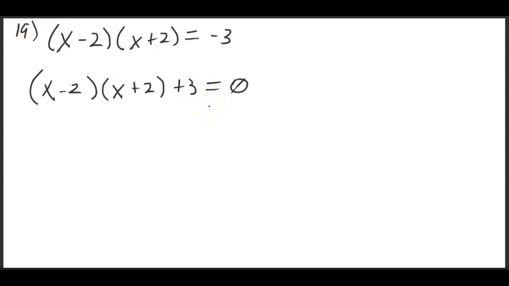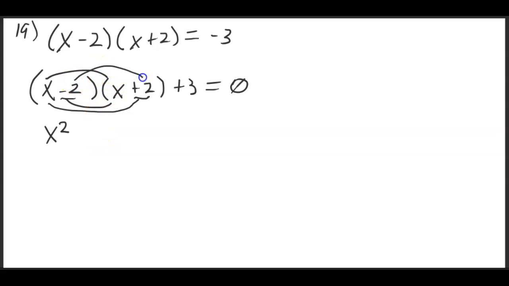Well, in this case, what we're going to have to do is take these binomials and multiply them together and build the trinomial so that we can incorporate this plus 3 into the trinomial. In other words, we'll say x times x is x squared, right? We will say, negative 2 times x is negative 2x, and x times positive 2 is positive 2x, so those go away.